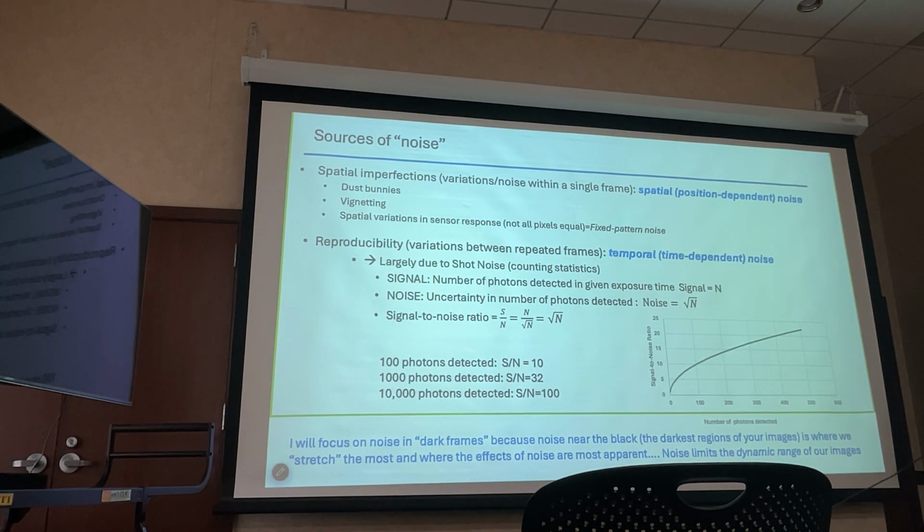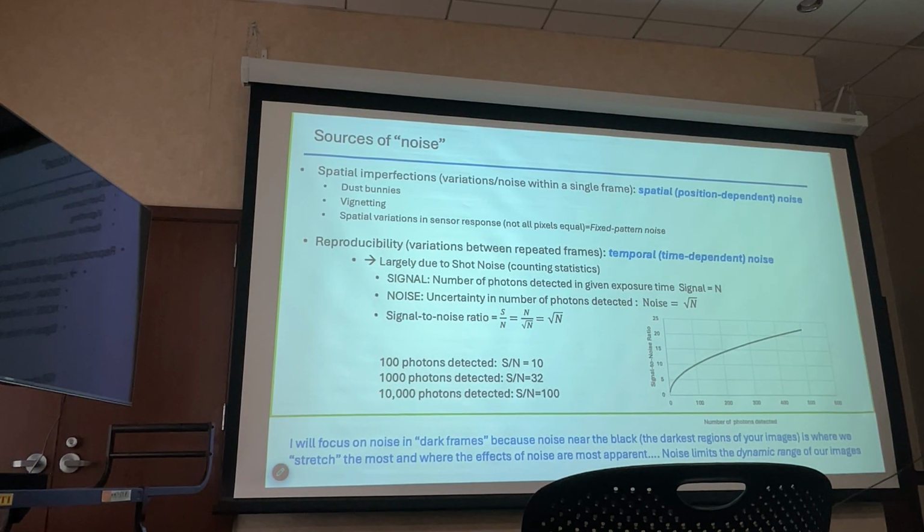Sources of noise: lots of things. An important part is time-dependent noise, and in general, noise from random sources decreases like the square root of the number of things that you measure. In particular, because light and charge are quantized, if we measure the number of photons detected, the noise in that number will be exactly equal to the square root of the number of photons detected.